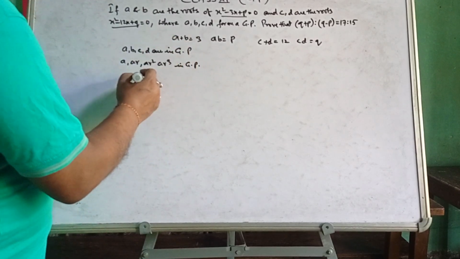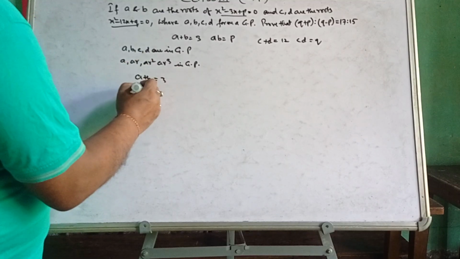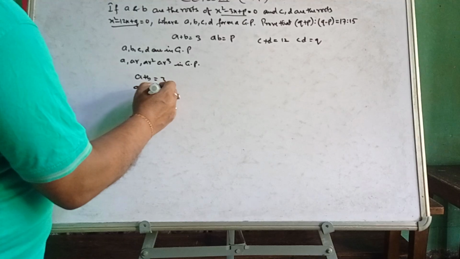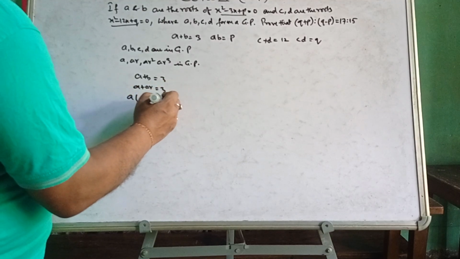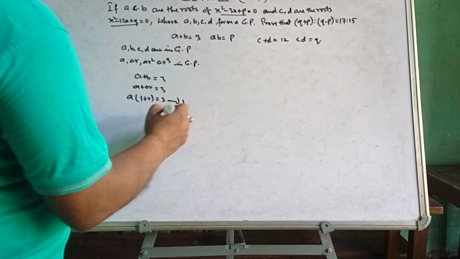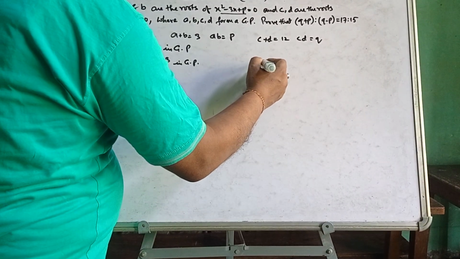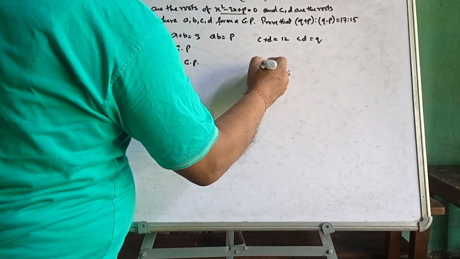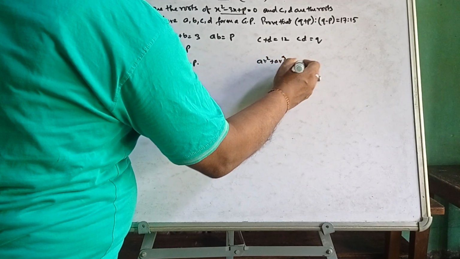Here you see that a plus b is equal to 3. That means a plus ar is equal to 3. So here a is common. a times (1 plus r) is equal to 3. Equation 1. Now next, here you see that c plus d, that is ar square plus ar cube is equal to 12.